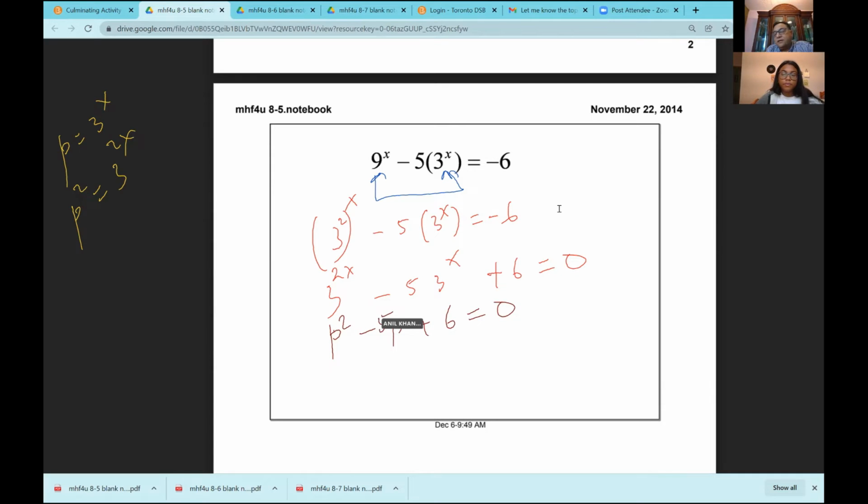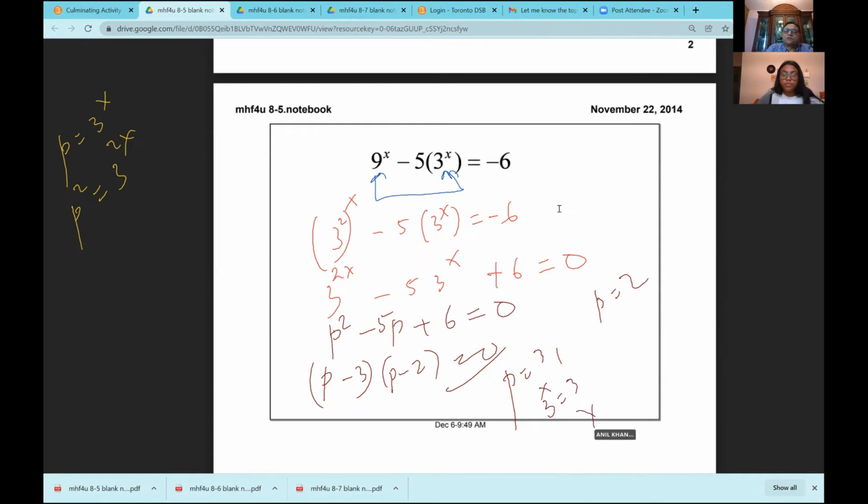And since we need product as plus 6, same thing, right? So we have p minus 3 times p minus 2. Is it okay? Yeah. And same answer as before, correct? So p equals 3, p equals 2, right? So p is 3 to the power of x equals 3. That means x equals 1. 3 to the power of x equals 2.